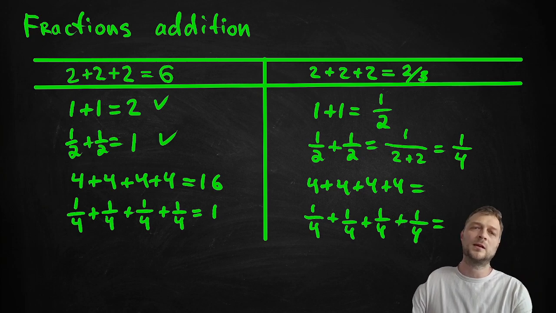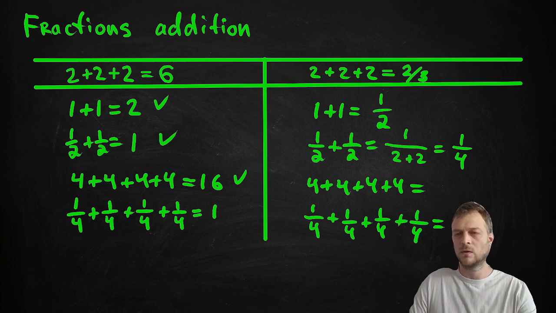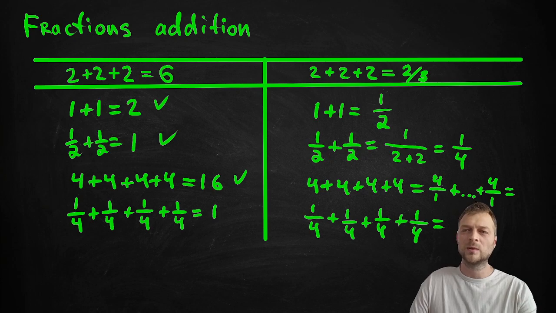Another example, 4 + 4 + 4 + 4 is just 16. In the mirrored system, you should consider it as 4/1 plus 4/1 and so on, and we use the rule that we keep a common numerator and sum up all denominators. So this will be equal to 4/4, which is 1.